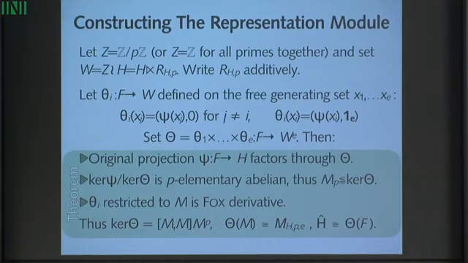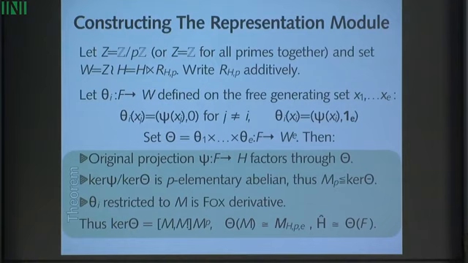Then, and that is just inspection, these maps theta i, if I restrict them to the module, are what is sometimes called Fox derivatives. If you don't know what Fox derivatives are, we won't need them later. But basically, that means we can almost copy a proof for Fox derivatives, and from that, it follows that the kernel is exactly what we want.